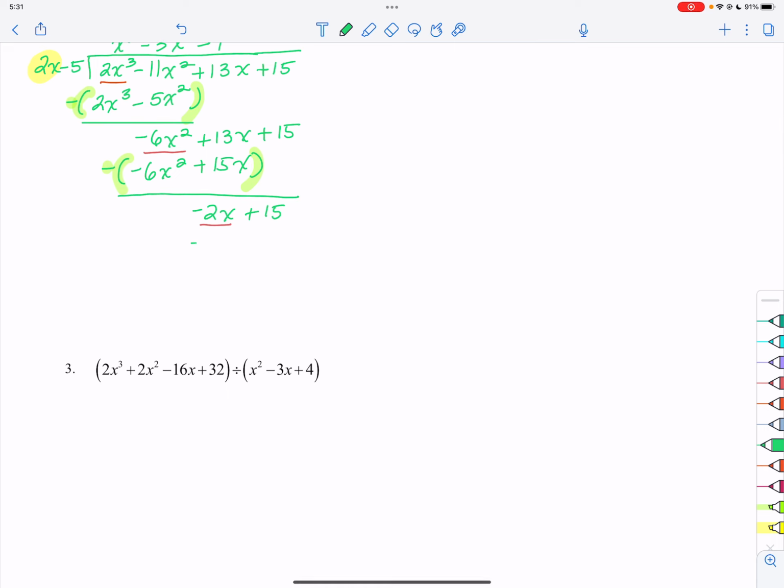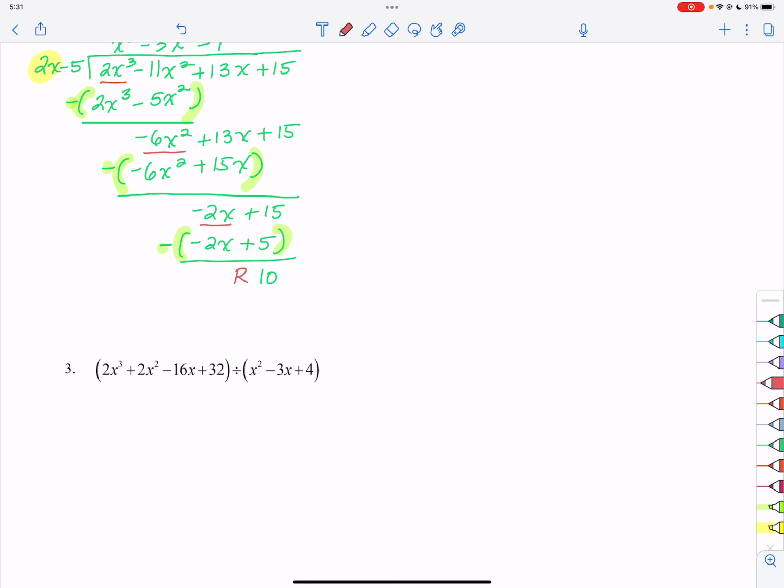So now I'll have a negative 2x plus 5. We're going to subtract that entire term, and now we'll have 15 minus 5 is 10. So now we have a remainder of 10.